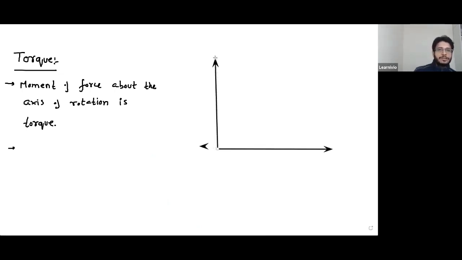So that's your coordinate system. This is your point O. I place a rod here.